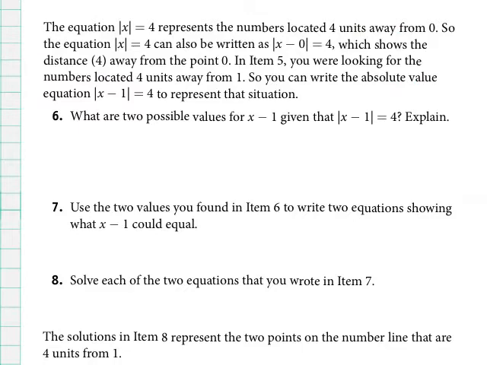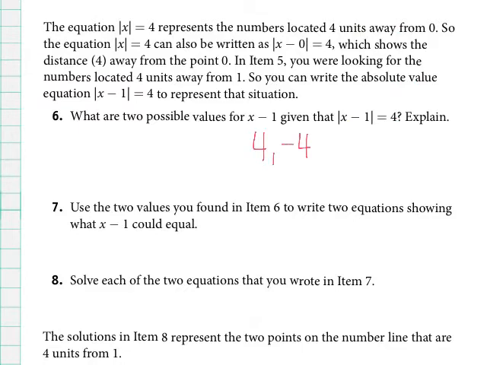Okay, so using this absolute value, it says, what are 2 possible values for x minus 1 given that the absolute value of x minus 1 equals 4? So this is saying this has to be 4 units away from 0. So if this has to be 4 units away from 0, this could be 4 or negative 4.